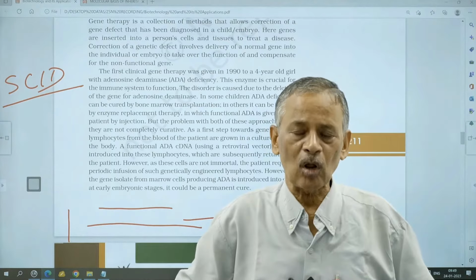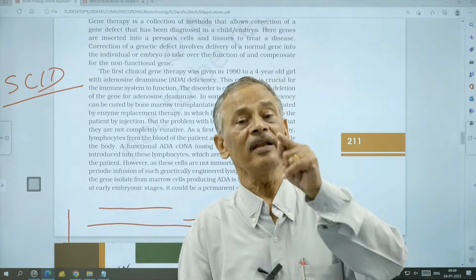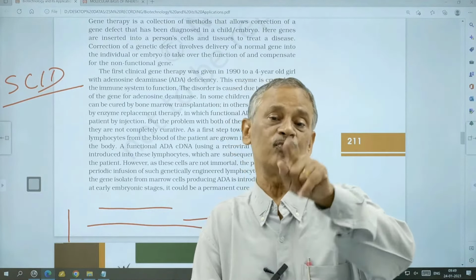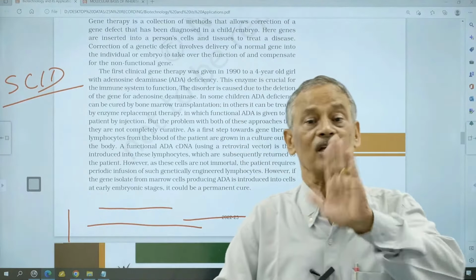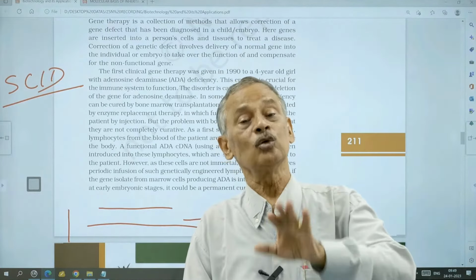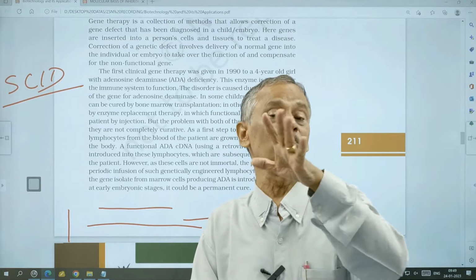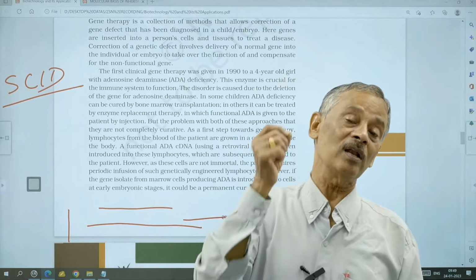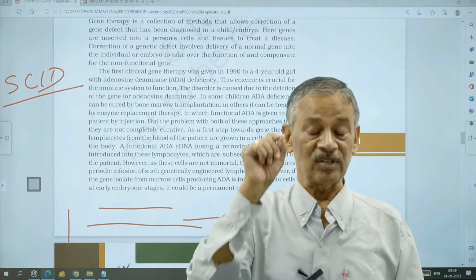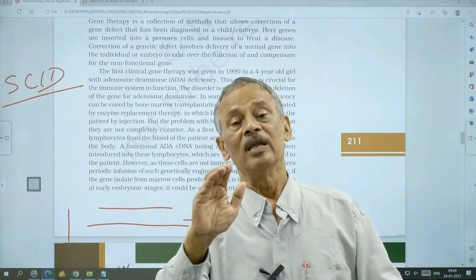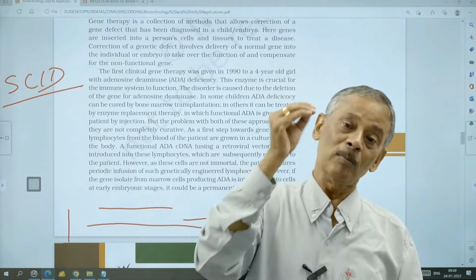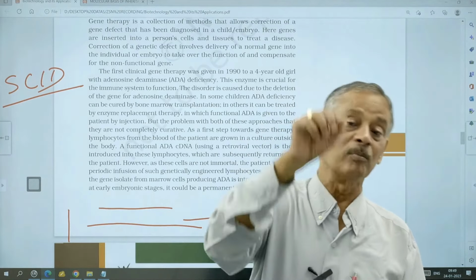So the drawback was that we had given the gene therapy to the lymphocytes. We had not given it to the bone marrow cells in the embryo. Suppose we become successful in transferring the ADA gene to the bone marrow cells at an early embryo stage itself.